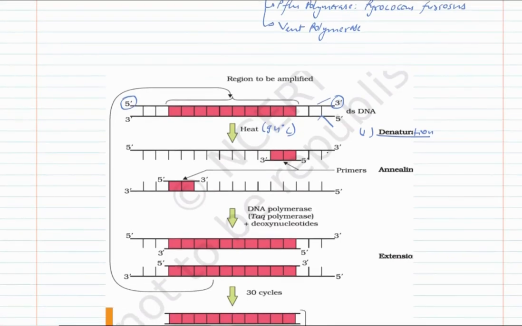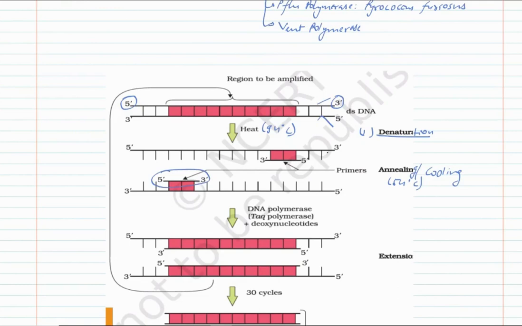The next step is annealing or cooling, which is done at 54 degrees Celsius. We use a primer which is attached at the 3 prime end of the single stranded DNA.